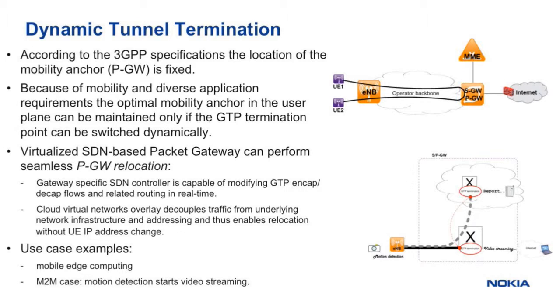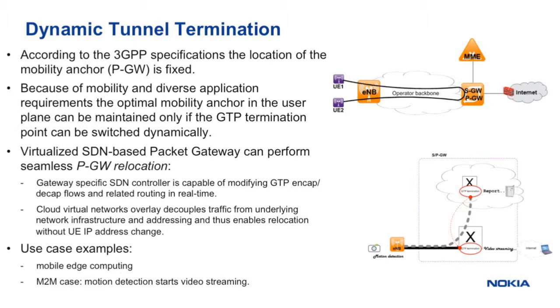Because the gateway-specific SDN controller is capable of modifying the tunneling termination flows and the related routing in real time, and on the other hand, the Neutron virtual networks overlay decouples traffic from the underlying network infrastructure and addressing, and thus enables relocation without the mobile equipment IP address changes.